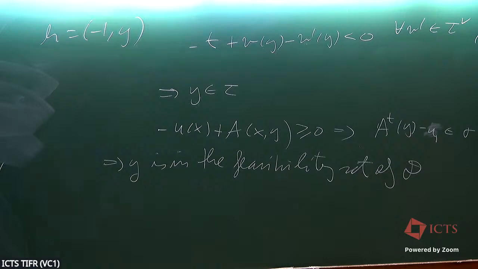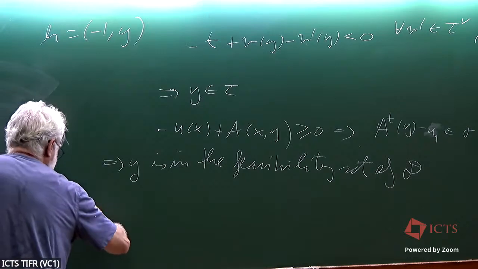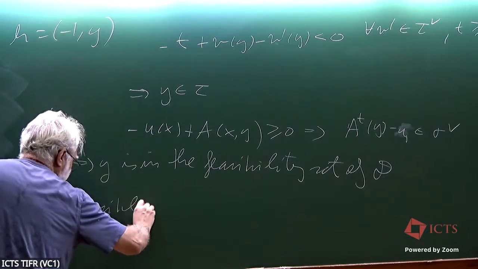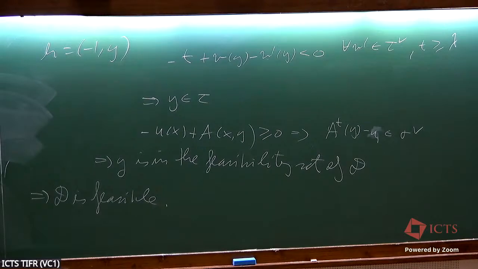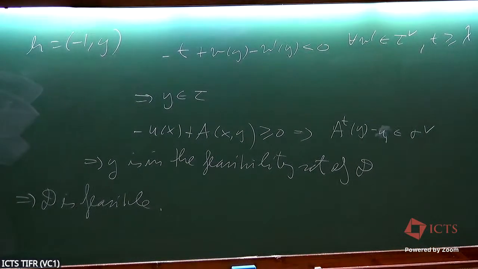I need 1 more minute to finish the proof. Okay. So which means that D is feasible. And since D is feasible, we get the equivalent. So we started with P bounded and feasible, and we conclude that now D is also bounded and feasible.